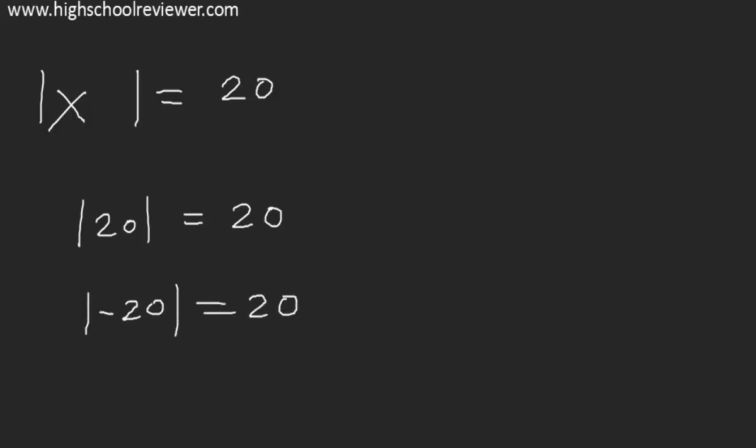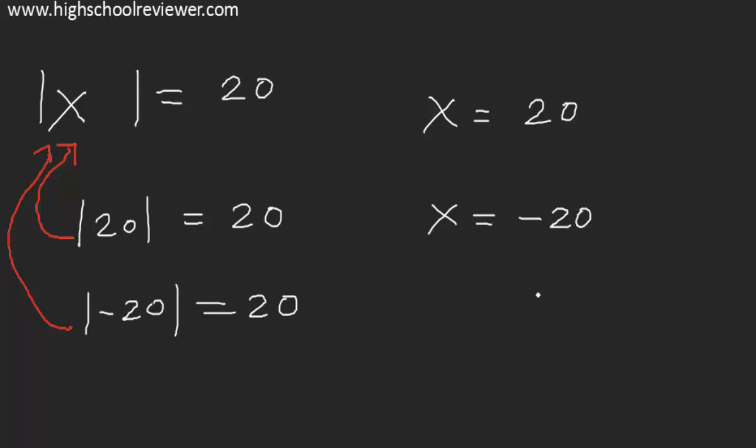So taking the absolute value of x, the absolute value of positive 20 is equal to the absolute value of x, and the absolute value of negative 20 is also equal to the absolute value of x. So if this is the case, x will be equal to positive 20, and x would also be equal to negative 20. So there will be two values for x, positive 20 and negative 20.